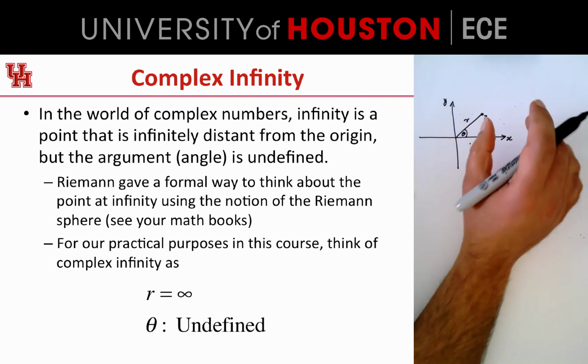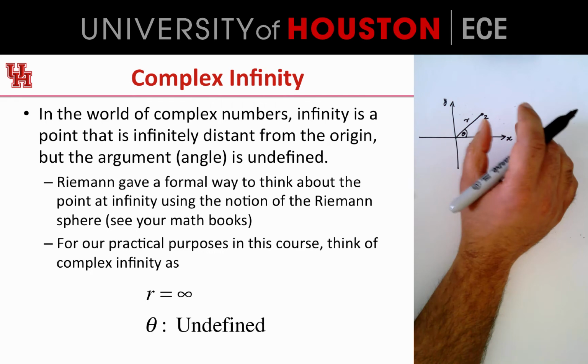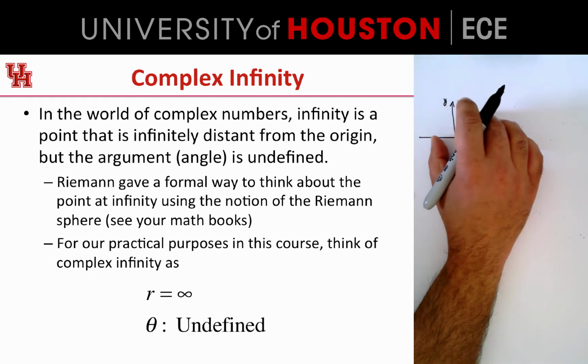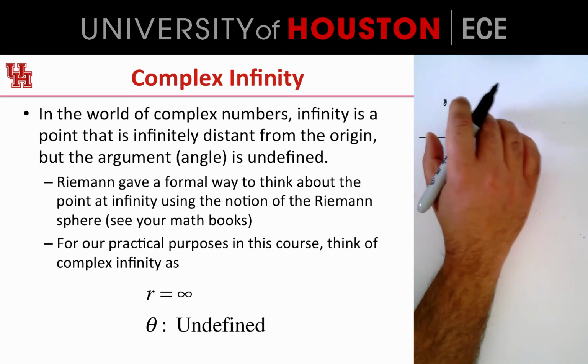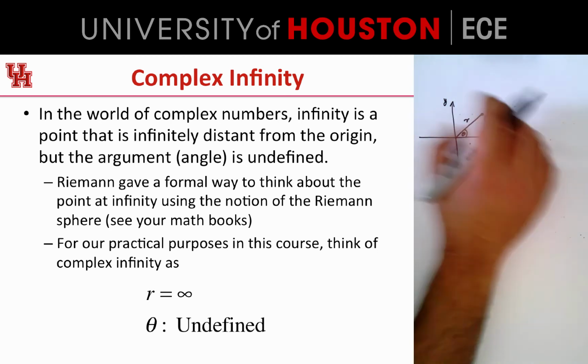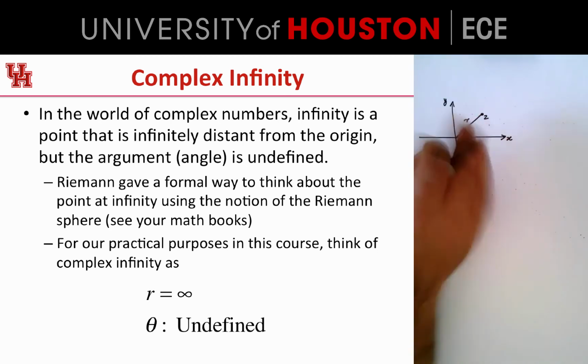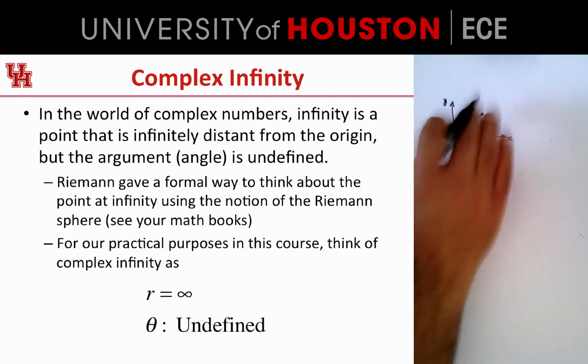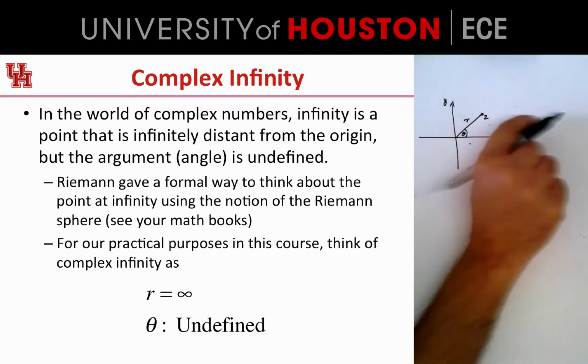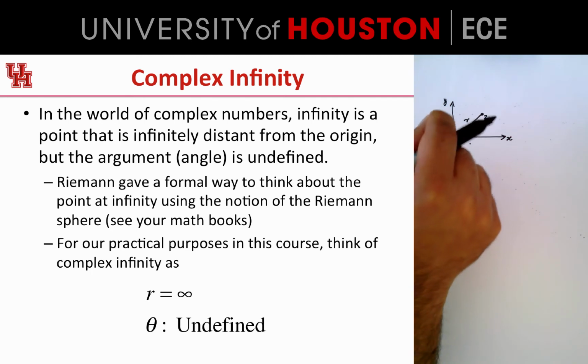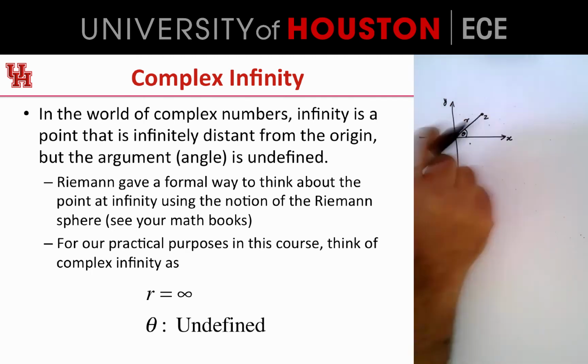Now, this famous mathematician Riemann actually provided an answer to that, which is, I think, very elegant. You can think of it in terms of what's called a Riemann sphere. You put a sphere on top of the plane that straddles it, and then you can project the north pole of that sphere to points far away.